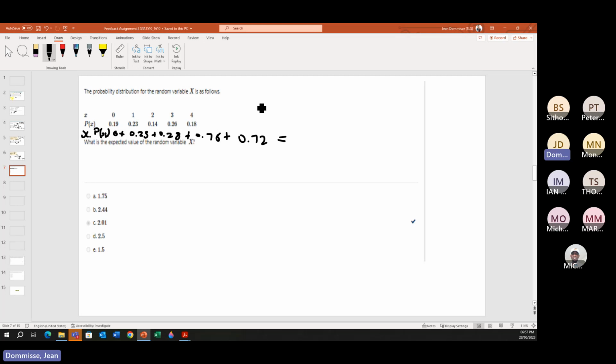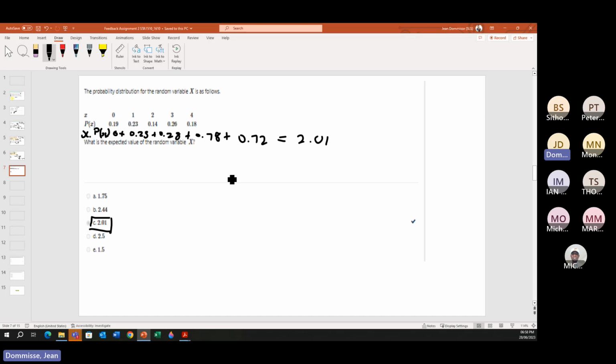And I get it as 2.01, which is option C. For the ones that are not too difficult to work out the expected value, I just do it this way, but you can go to Excel and type in everything. It will give you the same answer. And then in the end, you just need to add all of them together.